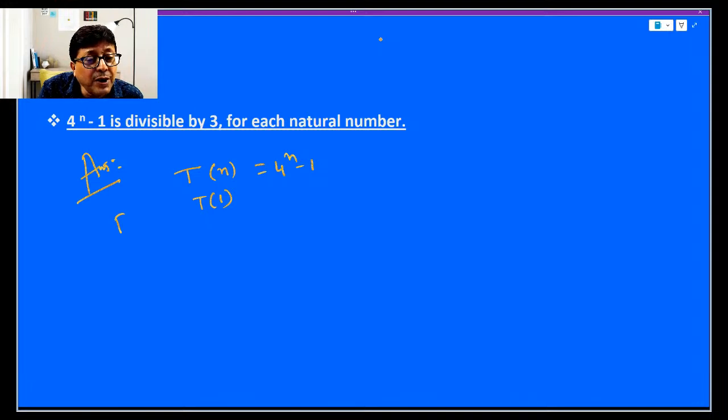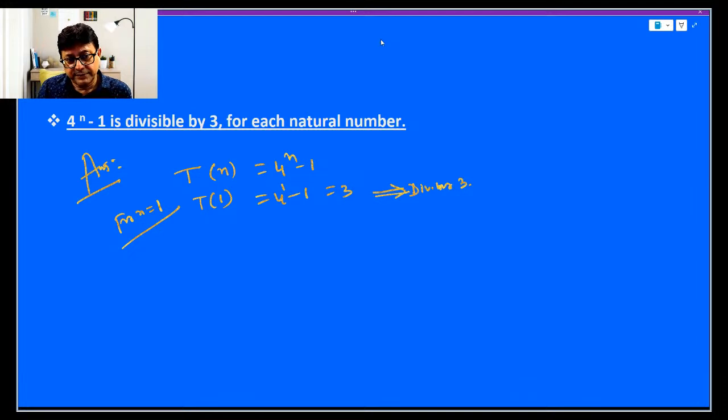For n equal to 1, T1 is what? 4 minus 1, which is equal to 3. So T1 is divisible by 3. Now there will be the inductive step.